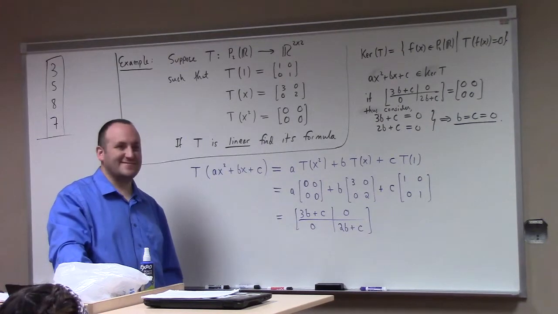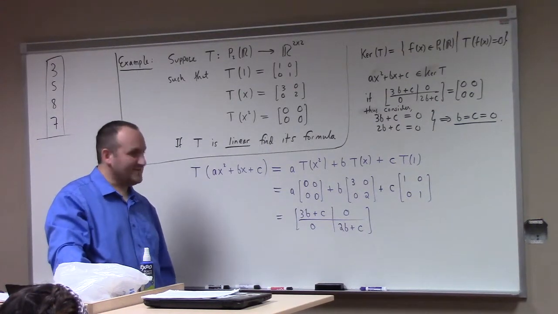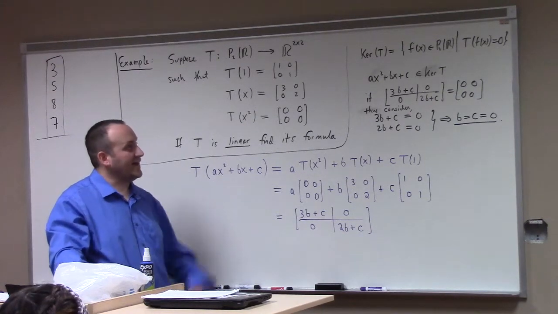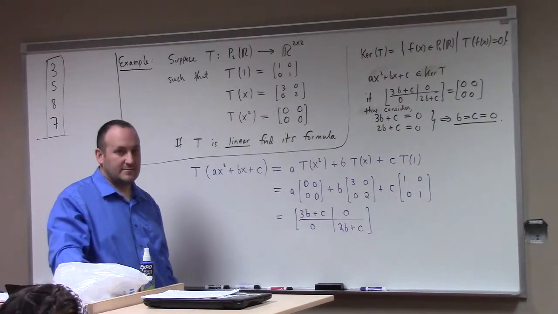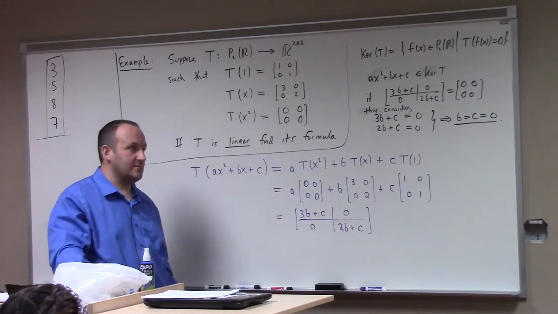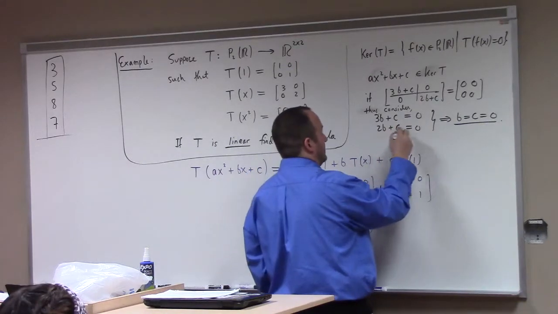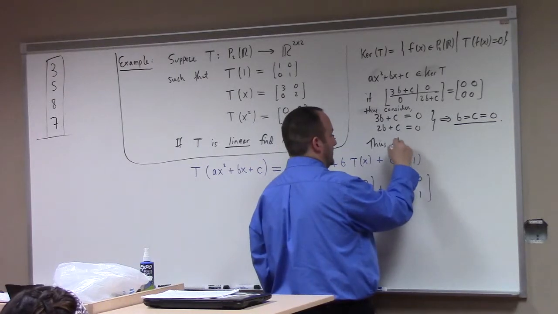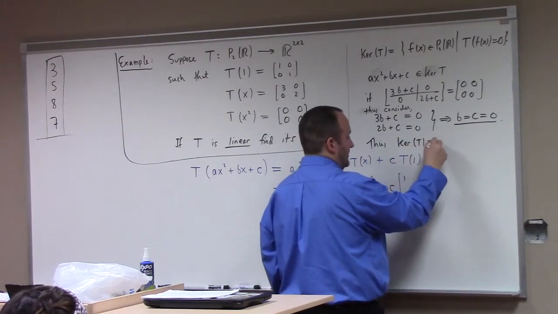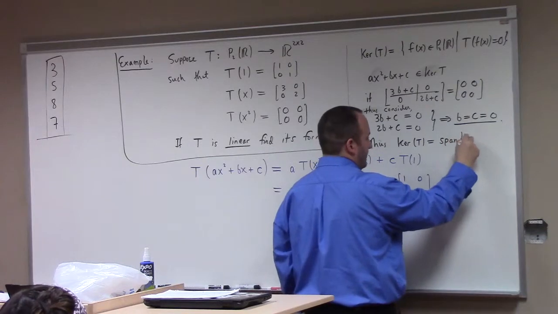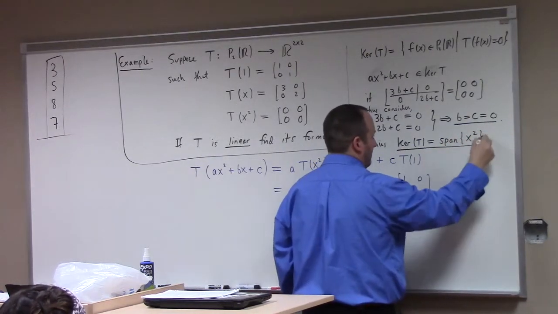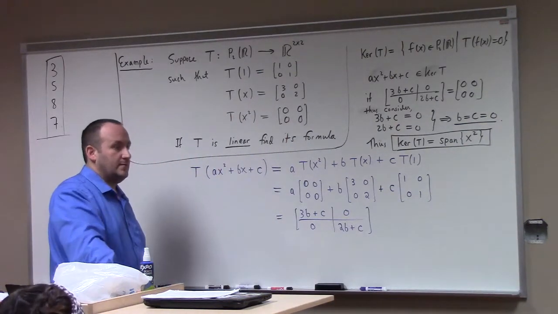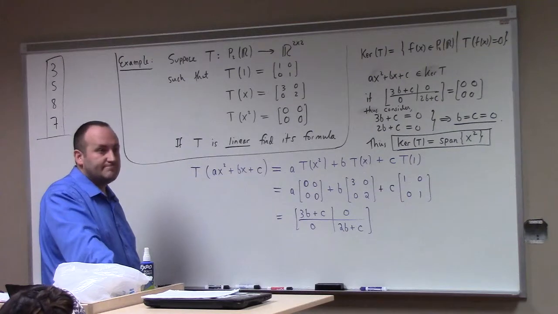A is not 0, since x squared is not 0. A is a free variable. Thus the kernel of T is in fact just the span of x squared, because something in the kernel has the form ax squared.